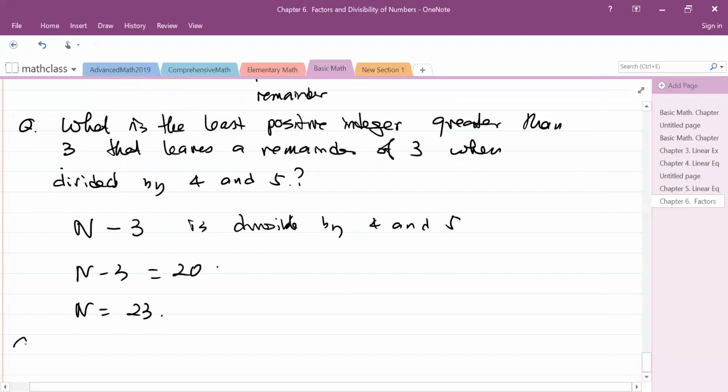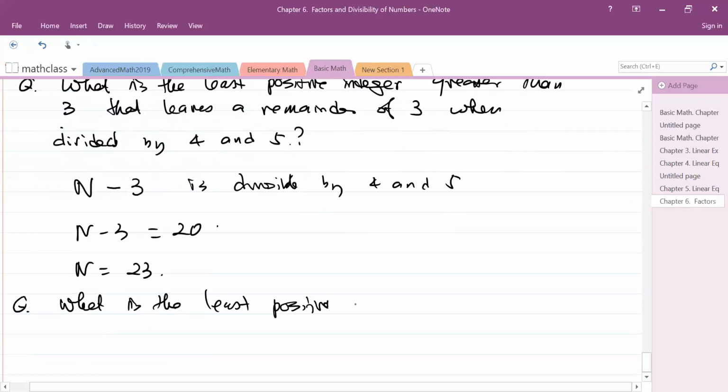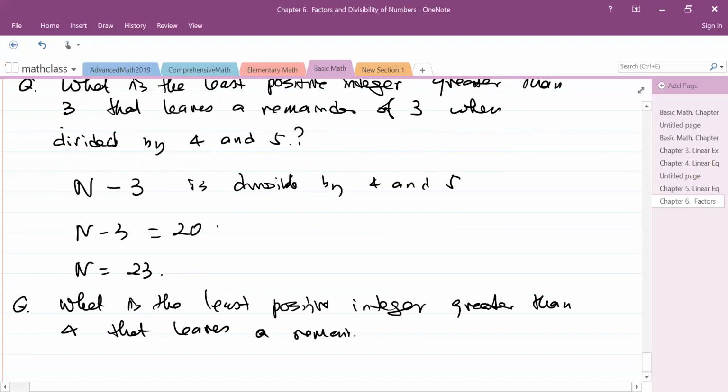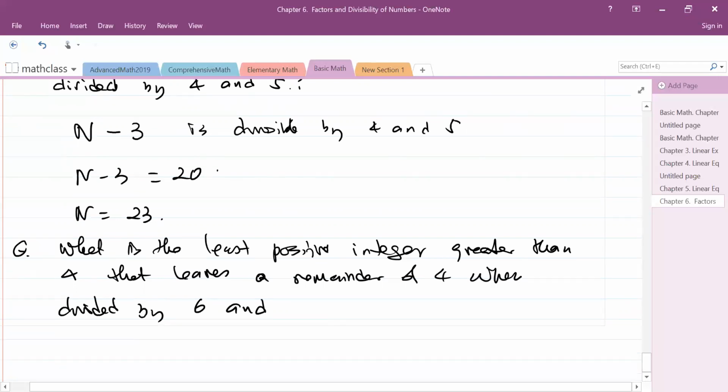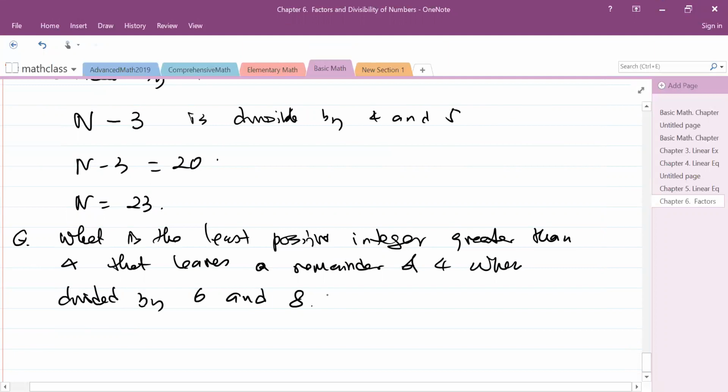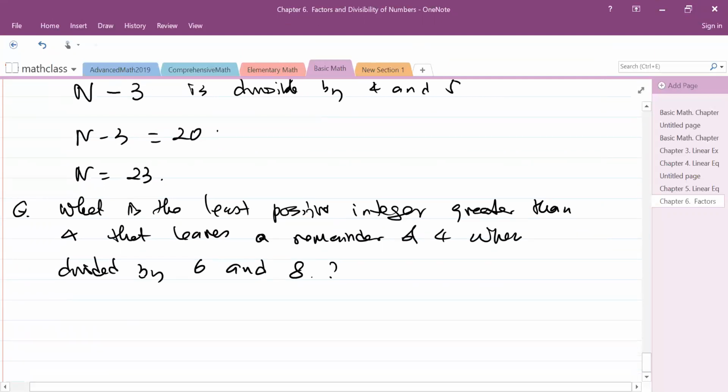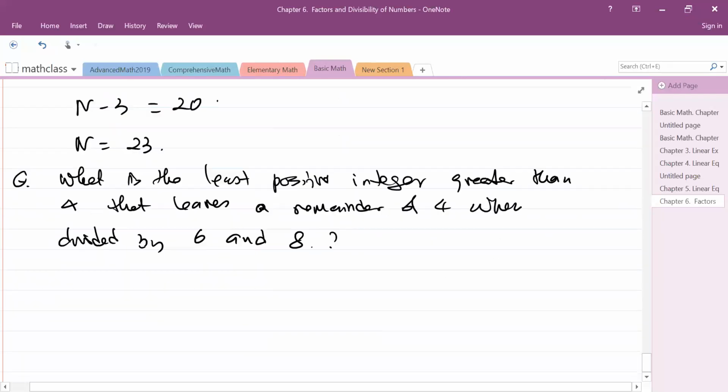Here's another question: What is the least positive integer, which should be greater than 4, that leaves the same remainder of 4 when divided by the following numbers, 6 and 8?